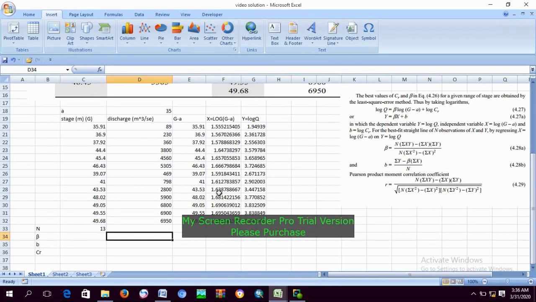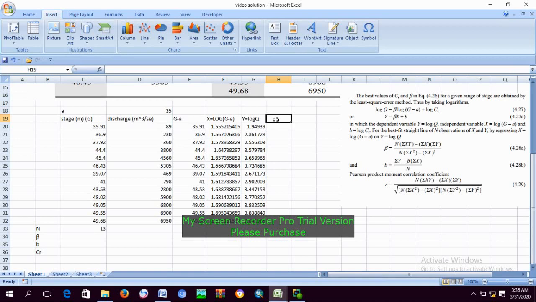In order to determine these variables, you should determine the summation of xy, the summation of y, the summation of x square, and the square of the sum of x.